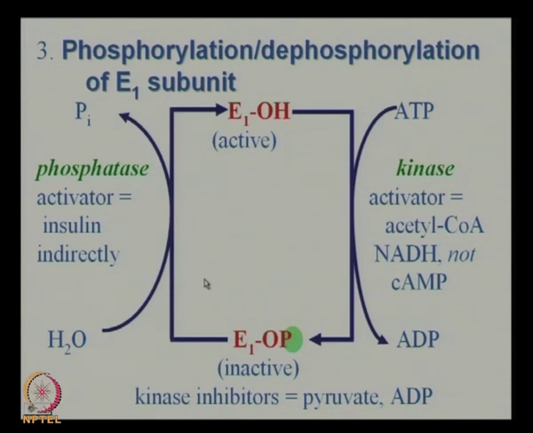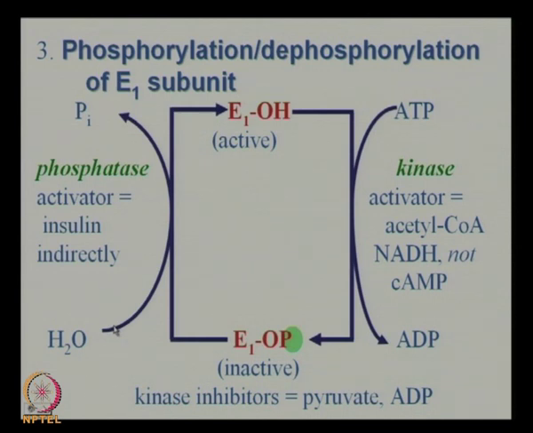The third way of controlling this is the phosphorylation and dephosphorylation of E1, the E1 subunit of pyruvate dehydrogenase. Now, what is happening inside the cell? When E1 is phosphorylated, a phosphate gets attached and it becomes inactive.